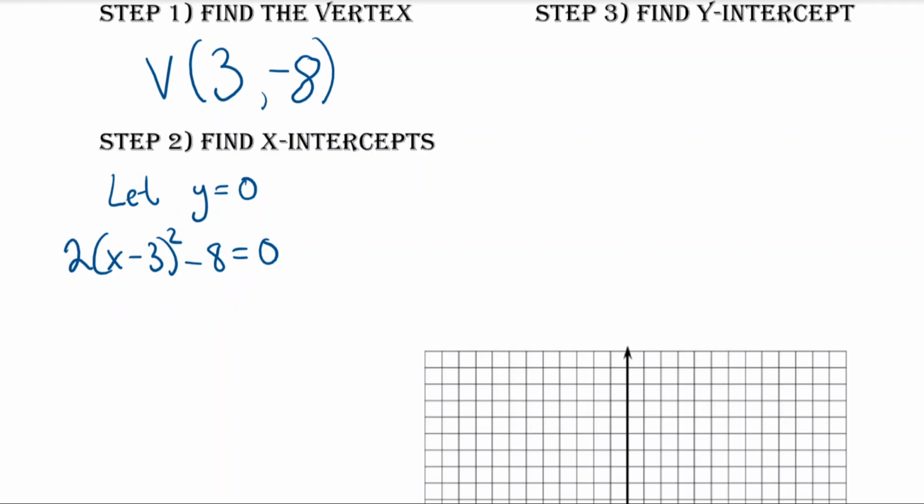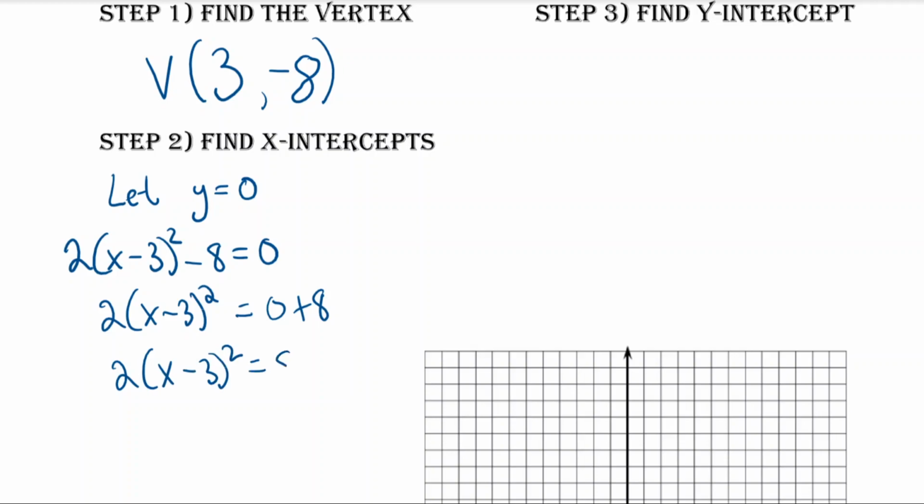Now, I'd recommend taking this 8 to the other side first. Because it's -8, it becomes, on the other side, a +8. So you have 0 plus 8. So let's just write this carefully. We've got 2 times x minus 3 squared equals 8.